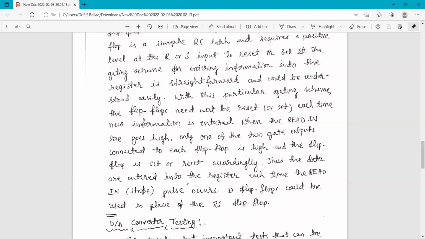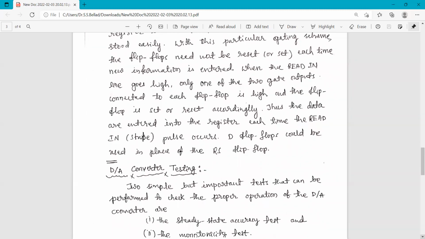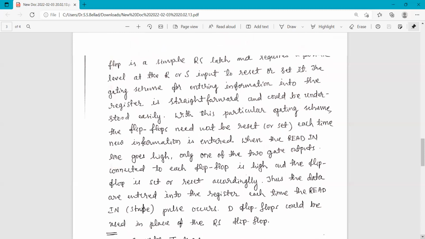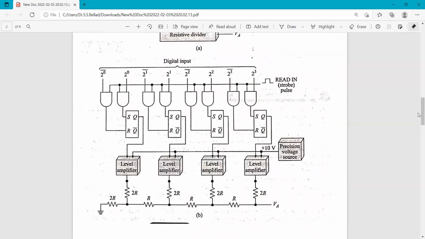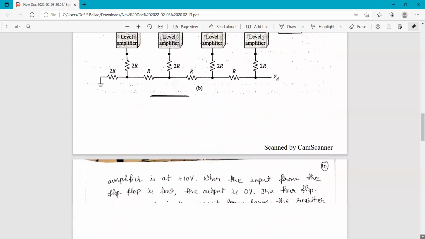Thus, the data are entered into the register each time the reading strobe pulse occurs. And even D type flip-flops could be used in place of the RS flip-flops. So this is about a practical digital to analog converter, how the complete circuit will be like this.